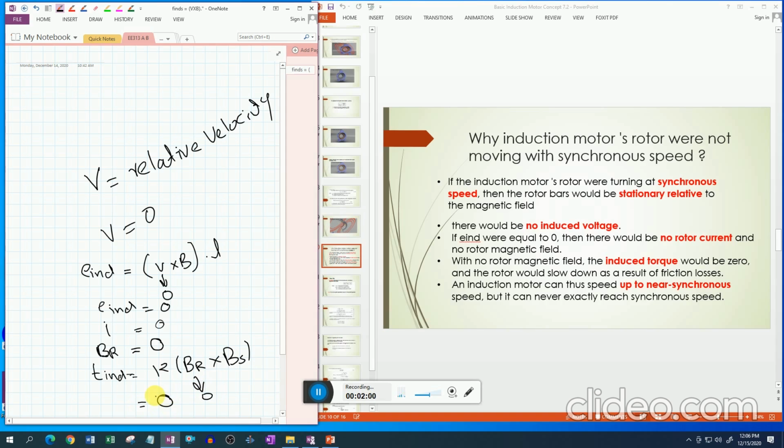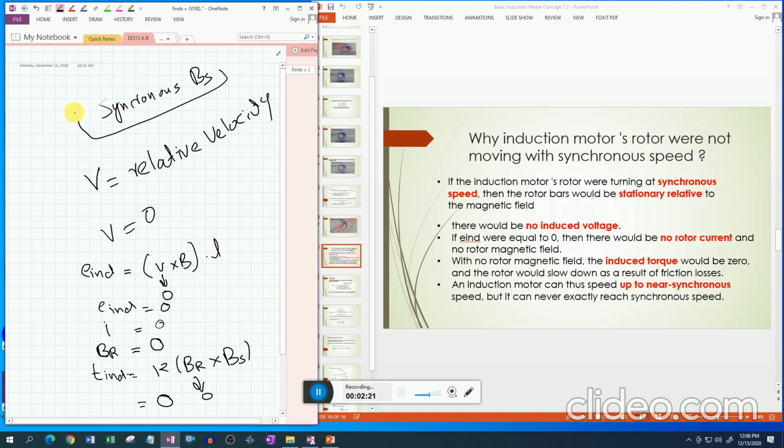So torque induced is 0. The rotor will now try to stop, and it will be left behind the speed of the synchronous magnetic field, which is B_S.